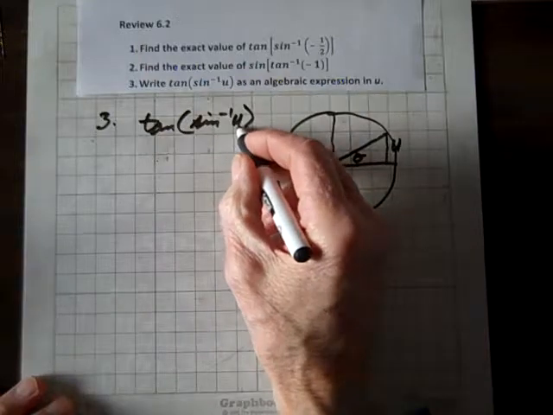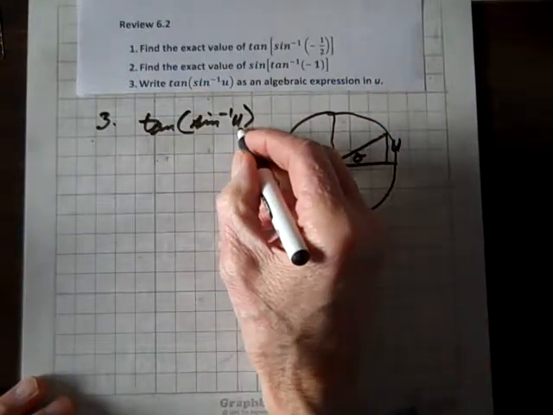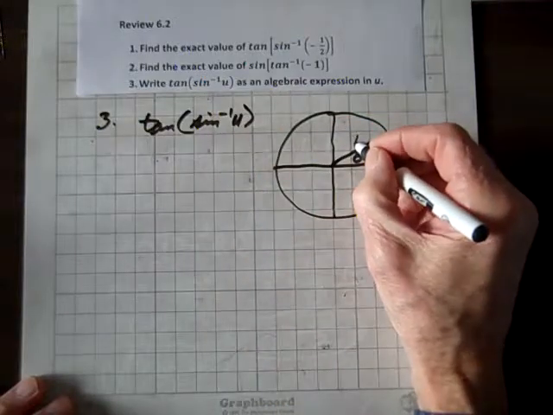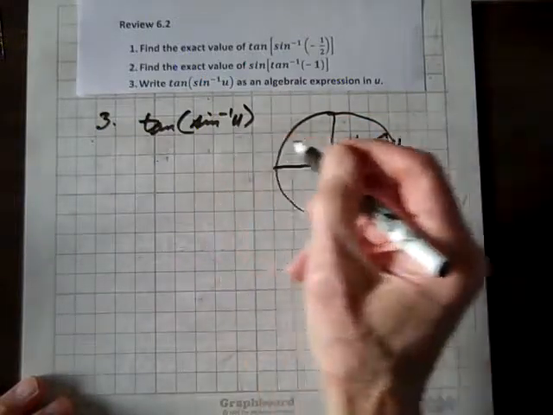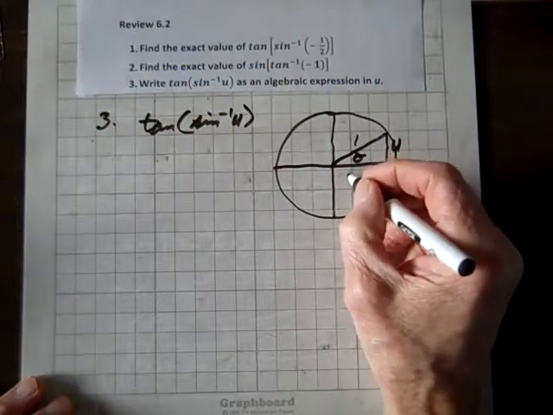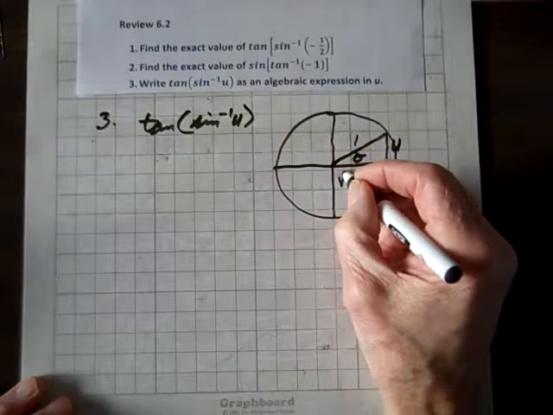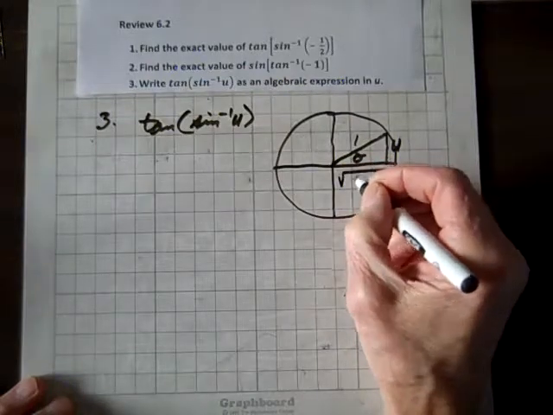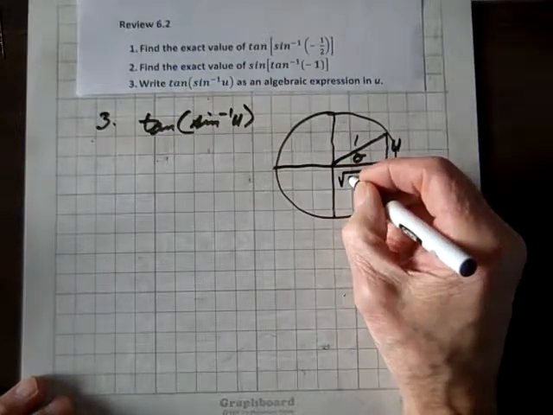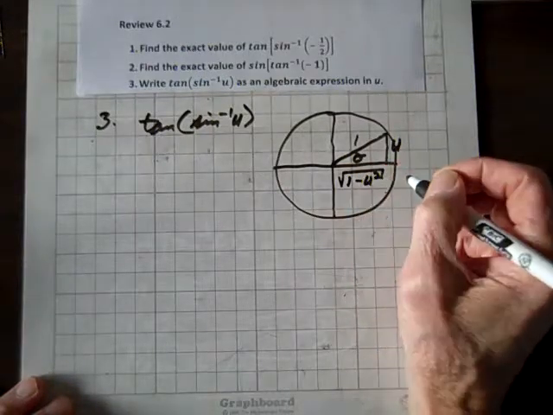In the denominator we have the radius, which happens to be 1. We don't see it because the 1 is understood. So therefore, using the Pythagorean theorem, for the length of the side adjacent to the angle, we get the square root of 1 minus u squared.